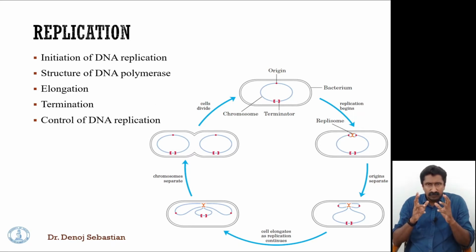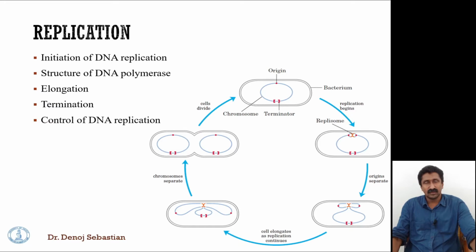So in a prokaryotic cell, especially when we are taking the typical example of an E. coli cell, we have a cell in which the circular prokaryotic DNA is represented here, and in this circular DNA we will have an origin of replication.